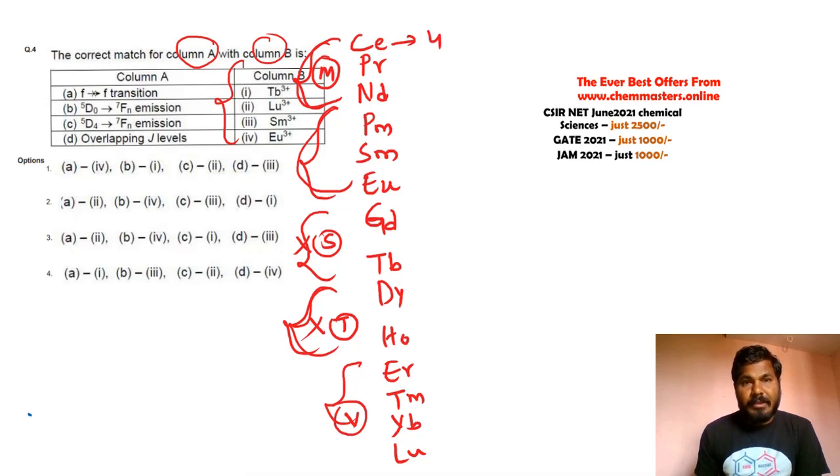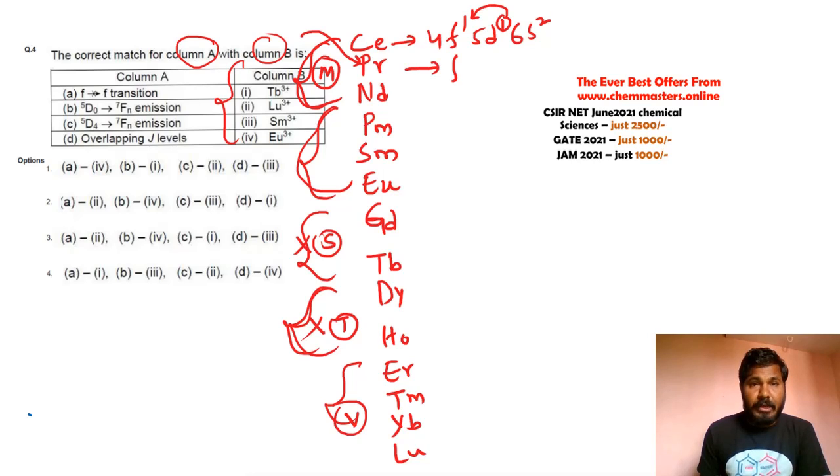Now we can start with the valency electronic configuration of cerium. For that, the electron enters into the f orbital, so 4f1 5d1 6s2. We can start from here. In praseodymium, the d electron moves into the f orbital and the next electron enters the f orbital. That's why for praseodymium we can write f3. For neodymium, f4.